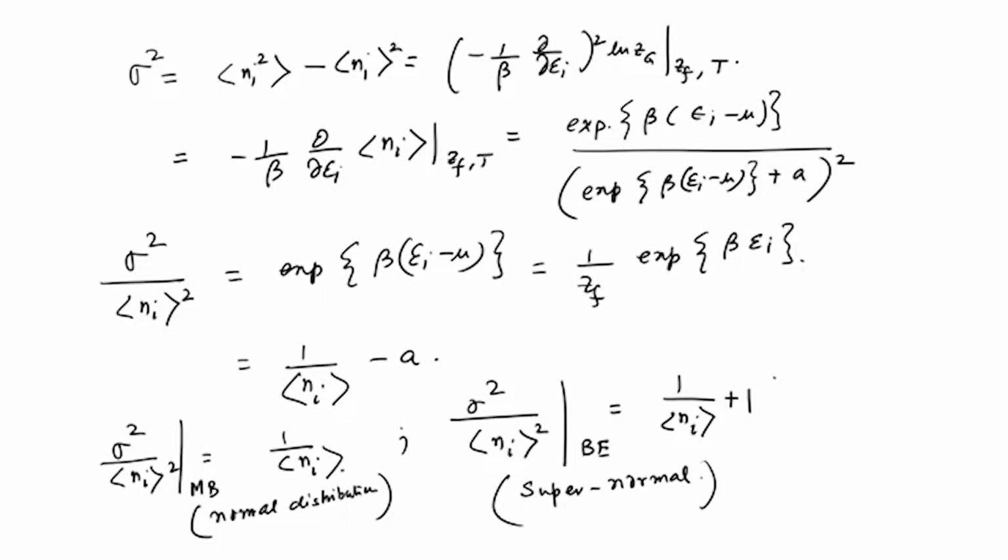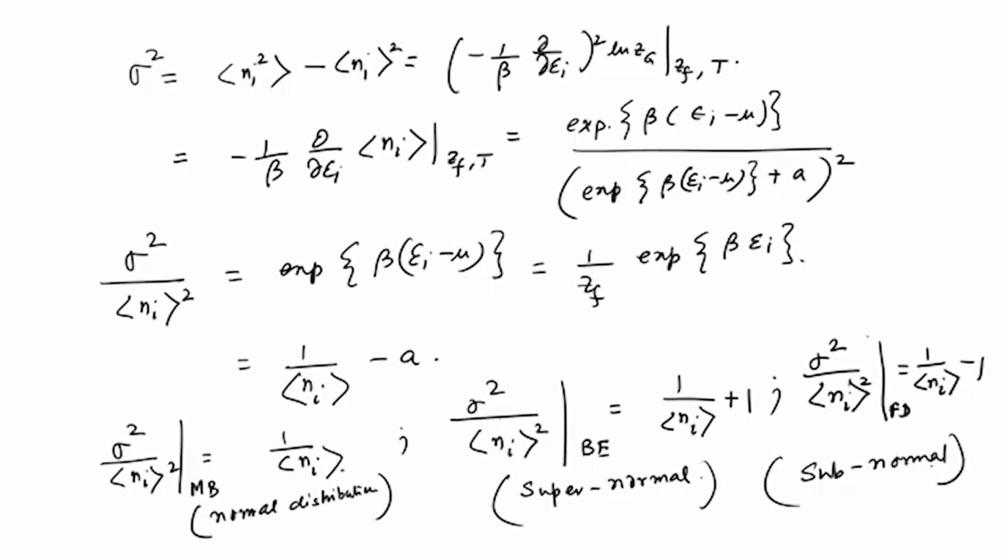And for the FD, this is equal to 1 by Ni minus 1, and this is called the subnormal distribution. Independent of the name, what it rather says is that the bosons actually promote fluctuations.